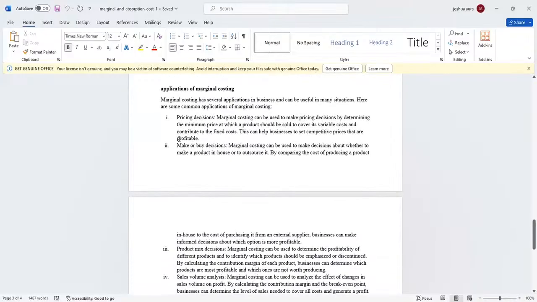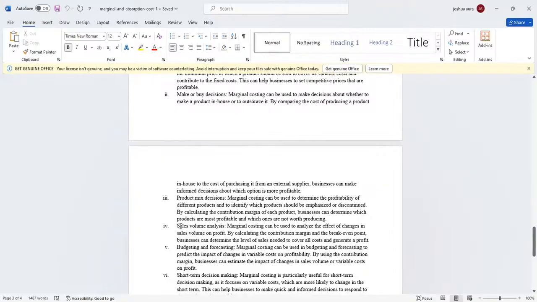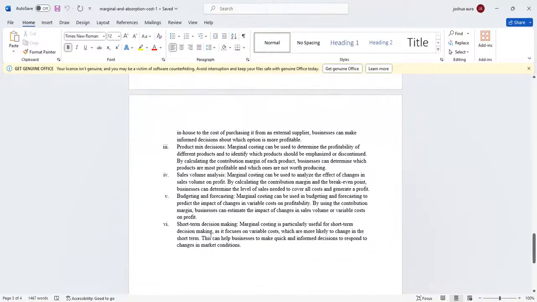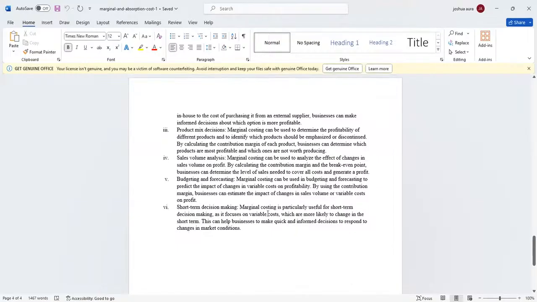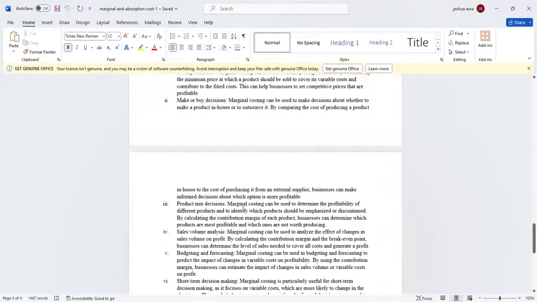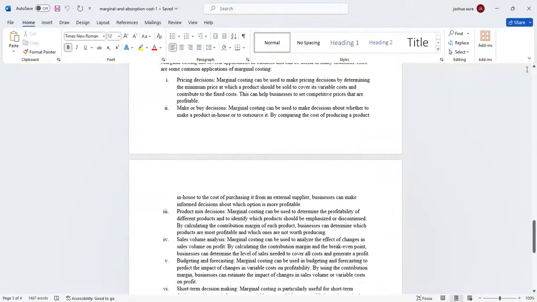Application of marginal costing: one, pricing decisions, make or buy decisions, production mix decision, that is topic number 8. Then sales volume analysis, that is break-even point, still number 8. Budgeting and forecasting, short-term decision making, that is for marginal, which we've been able to actually explain.